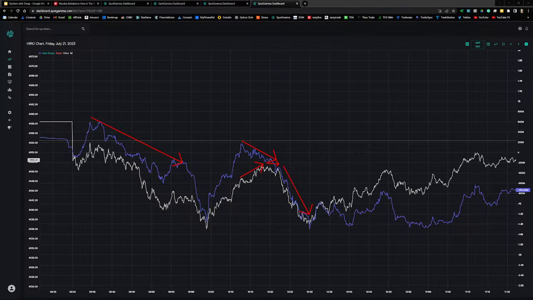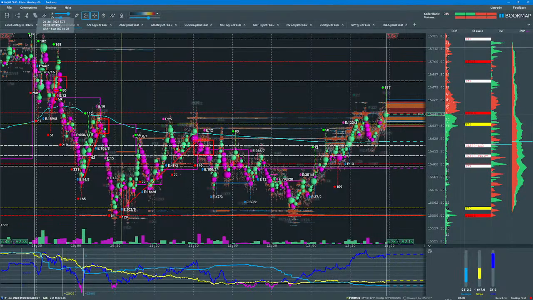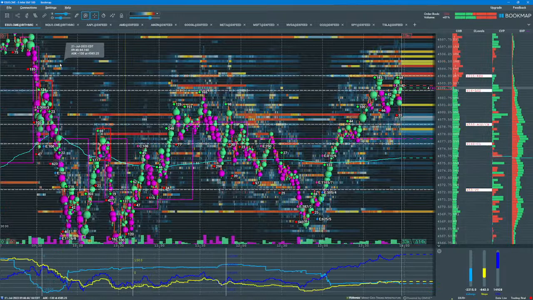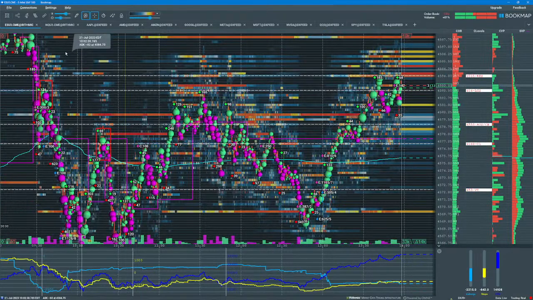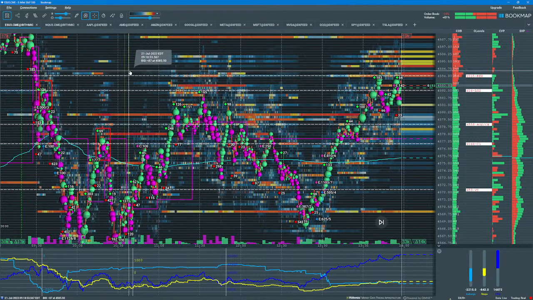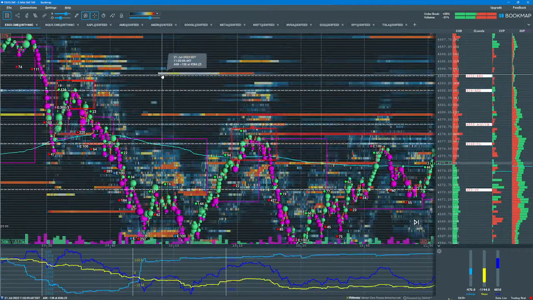So let's go to Bookmap and take a look at those two setups. We'll go back to ES. One thing to keep in mind, this is the time frame that I'm generally trading.